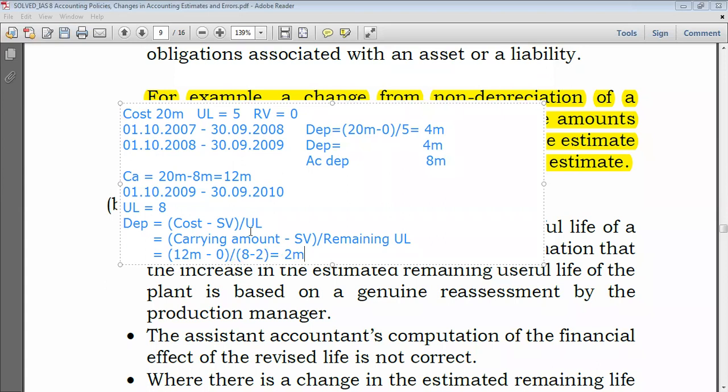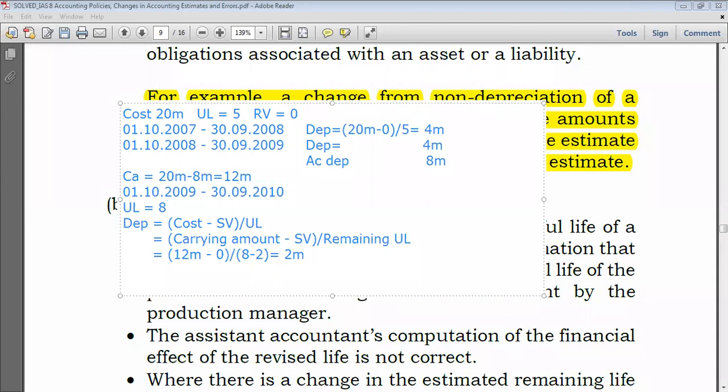Now you see this. This is what should have happened. So the assistant accountant was really wrong. This concept needs you to explain the changes in accounting estimates. Before we go to the solutions, I'm repeating, changes in accounting estimates are accounted for prospectively.